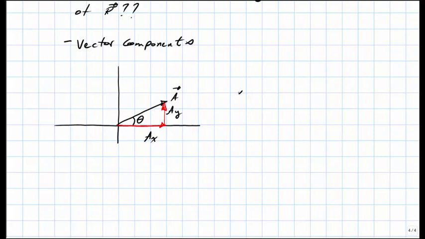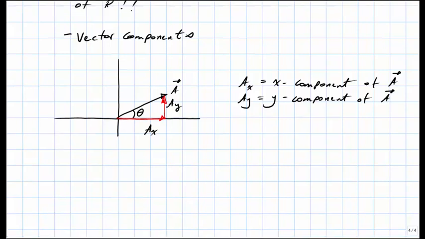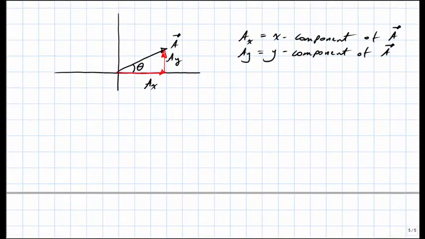So let's define these components. Again, A sub x is known as the x component of vector A, and A sub y is known as the y component of vector A. I also want to call your attention to the distinction between A with an arrow on top versus A without an arrow on top.